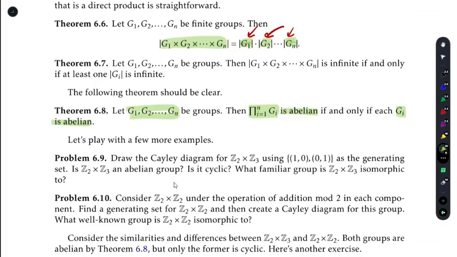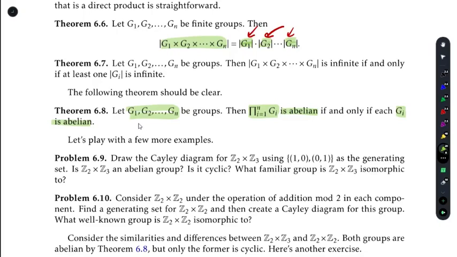So you have a quick way of knowing, like if I ask on the final whether this direct product group is abelian, all you have to do is look at each of those individual groups, and if you find one that's not abelian, then you know the whole thing's not abelian. Otherwise, you have to show that they're all abelian, and then the whole thing's abelian.